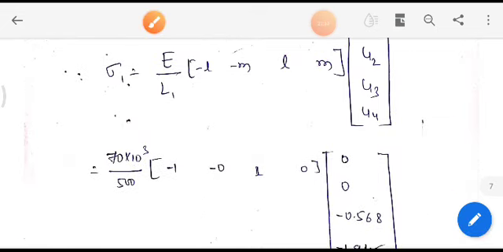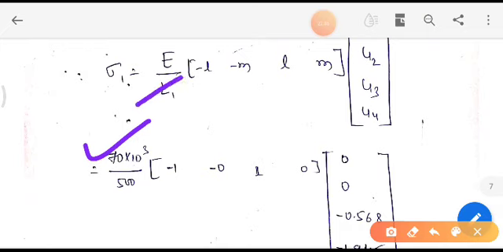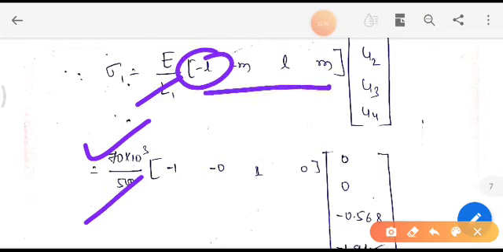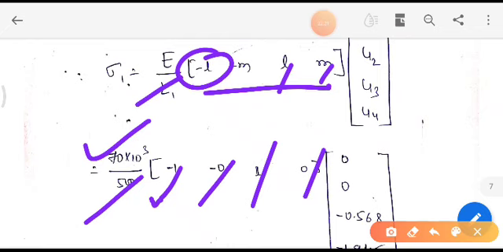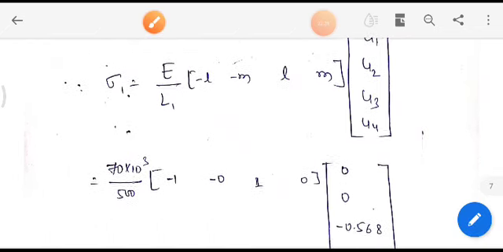Here Young's modulus is 17 into 10 raised to 3, the length of the first element is 500, and the direction cosines which we have tabulated for the first element are L equal to 1 and M equal to 0, with U1, U2, U3, U4.